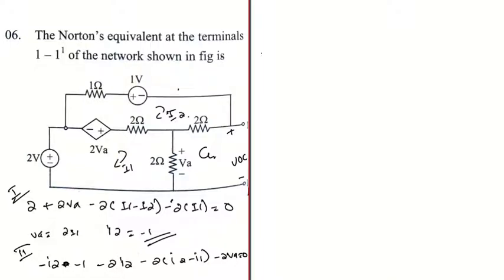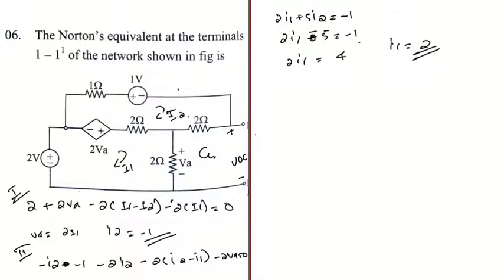So if I put it over here, I get the equation like 2I1 plus 5I2 equal to -1. So I2 we know that it is -1 itself. So it will be 2I1 minus 5 equal to -1 and 2I1 equal to 4 and I1 equal to 2. Okay, so I1 equal to 2 and our VA is equal to 2 into I1, so it will be 4 volt.